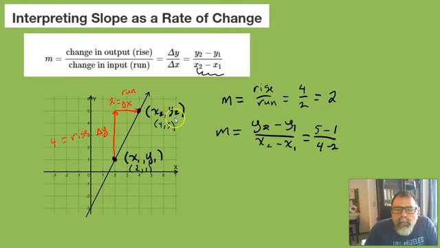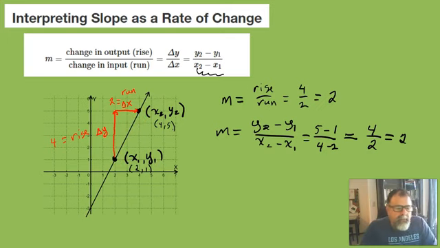And you have to do it in the same order. You could switch this to be y1 minus y2, but then you have to switch the bottom as well, x1 minus x2. I tend to just do it this way always, but you can switch them as long as you switch both of them. So 5 minus 1 is 4, 4 minus 2 is 2, and you see we get the same answer as above. So you can do it either way. If you have the coordinates, you can plug them into the formula. If it's on a graph and you can count rise over run, you can count it.